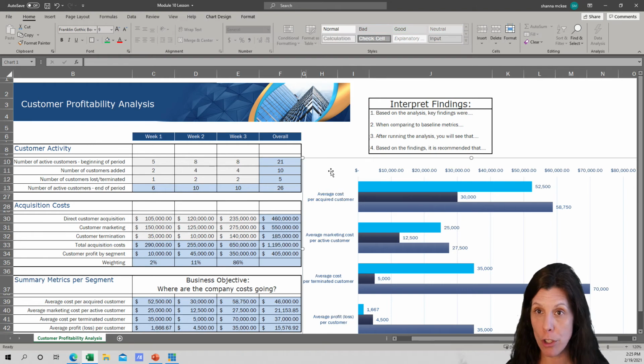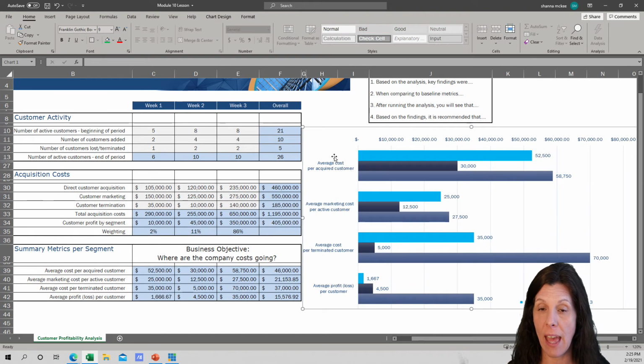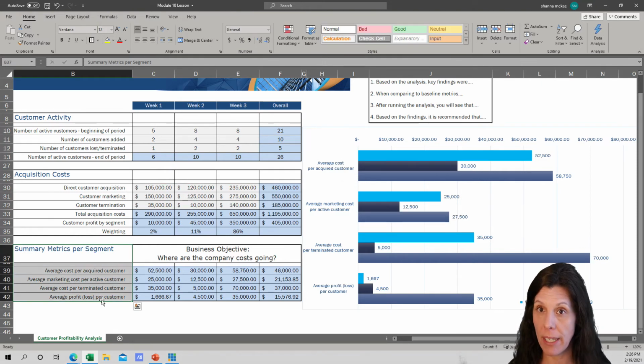So in our chart here, we can see each week, in our legend on the bottom right, has been broken down by each category, or in this case, summary metric. We are looking at average cost per acquired customer, average marketing cost per active customer, average cost per terminated customer, and average profit or loss per customer.